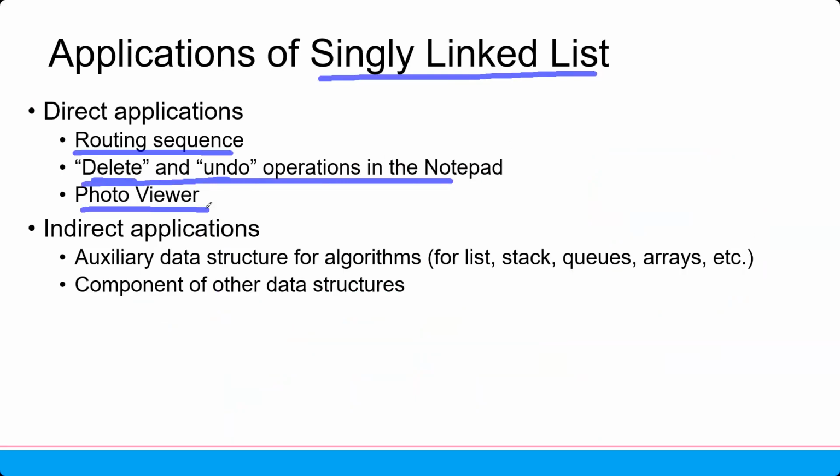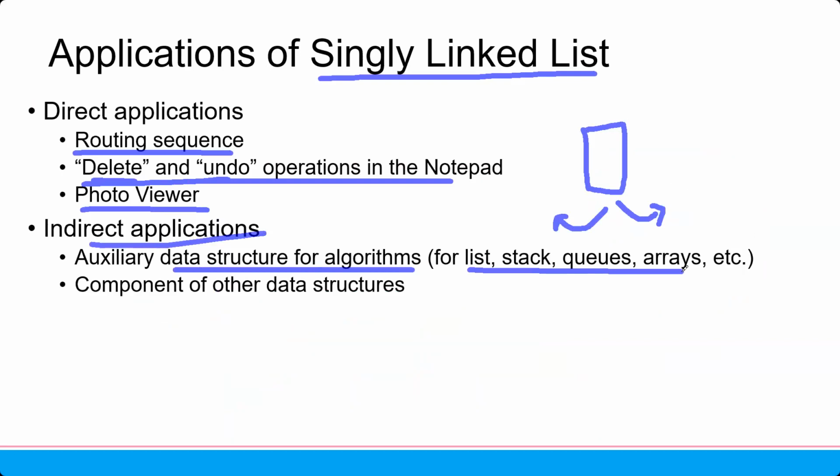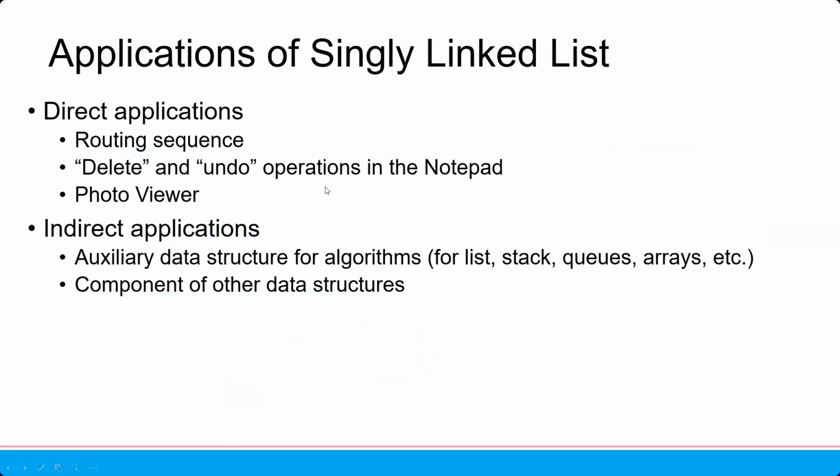If you look at the current image, you can go to the next or to the previous. This is also a kind of singly linked list. The indirect application can be the auxiliary data structure for list, stack, queue, and it can be a component of other data structures.